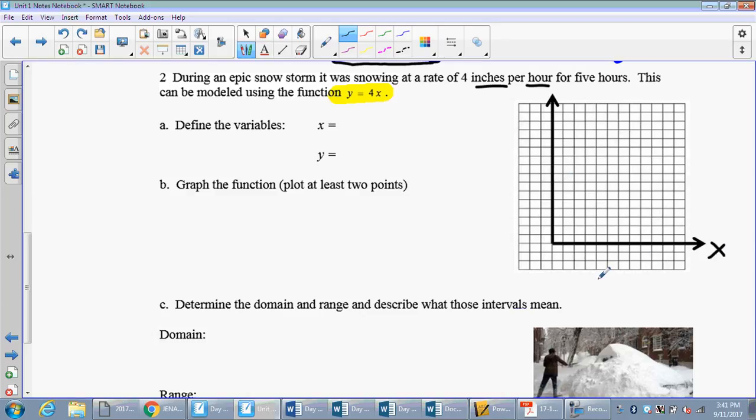So if I were to put a label on here, it would be time in hours, and x will be time in hours. Once I know how much time has gone by, I know how much snow there is, and the snow is measured in inches.